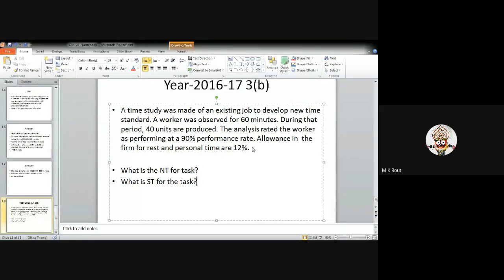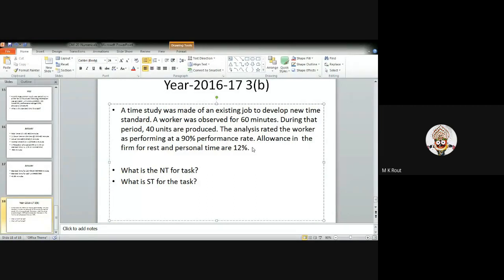Okay, fine. Sorry for the interruption. So first you have to note down the data, that is, worker observed for 60 minutes. Sir, so the CT will be 60 minutes. Then the next is the units produced, 40 units.